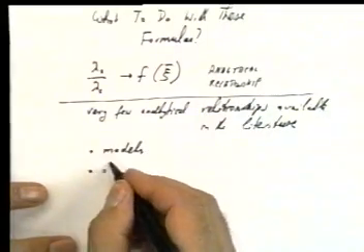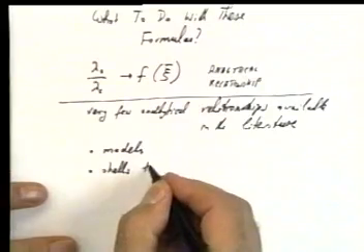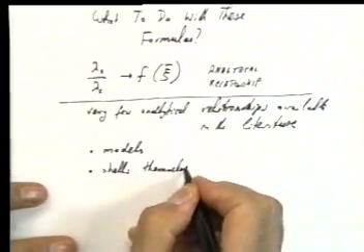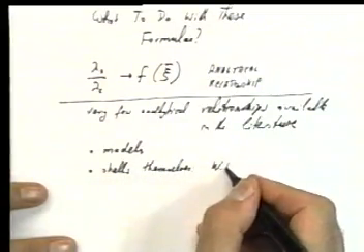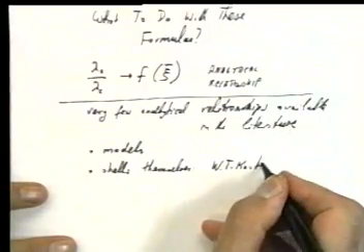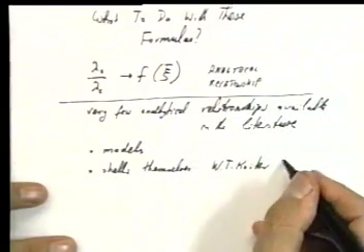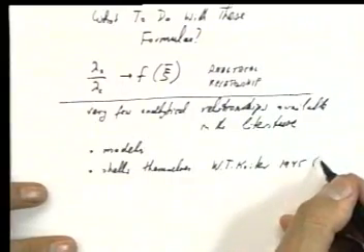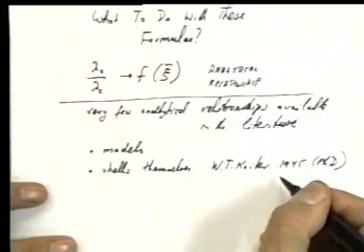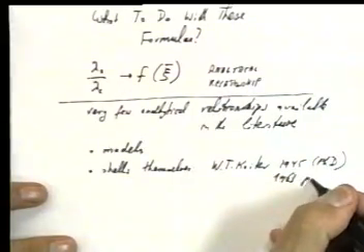Now, interestingly, for shells themselves, results were obtained by W. T. Koiter, some analytical solutions, 1945, that is his PhD dissertation, and a 1963 paper.